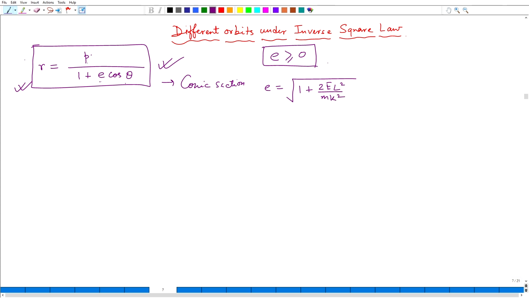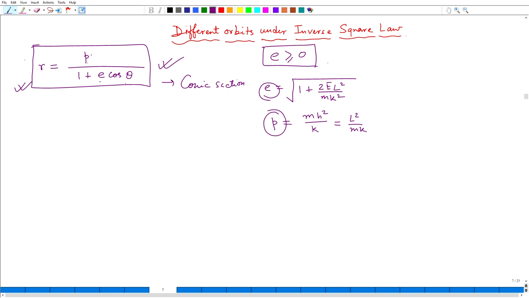And if you remember, I can also write the expression for p is equal to m h square by k. Just writing h as L by m, I can also write this as L square by m k. Okay.